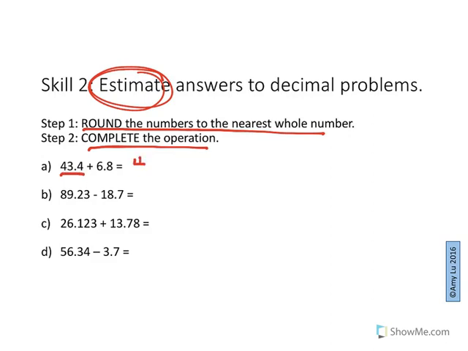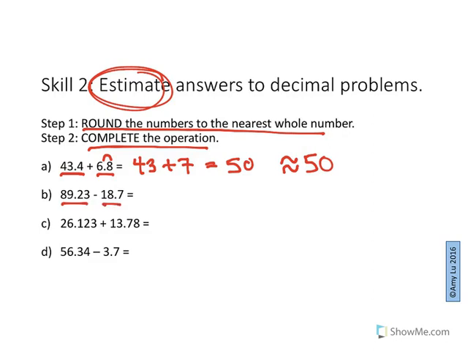And that will round to be 43 because 0.4 keeps the 3 at 43. Then 6.8, well, that 0.8 forces that 6 to go up to 7. So 43 plus 7 makes 50. So the answer for A is approximately 50. We use a squiggly equal sign to indicate approximately equal to 50.